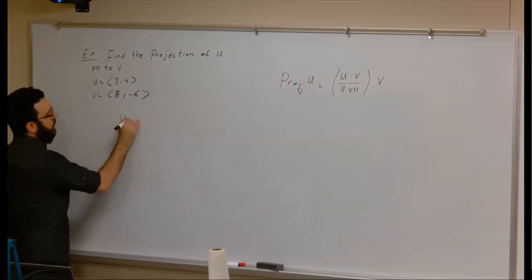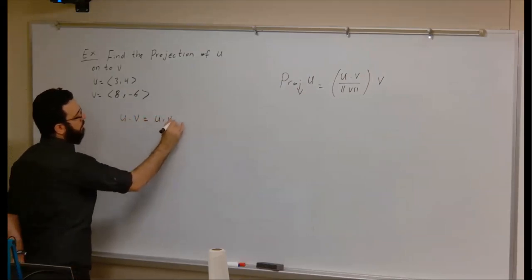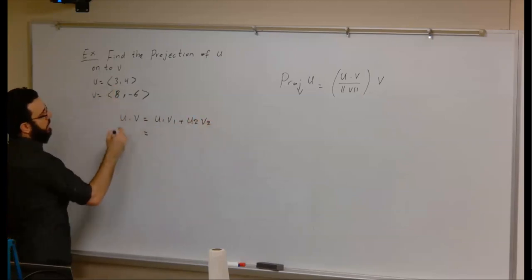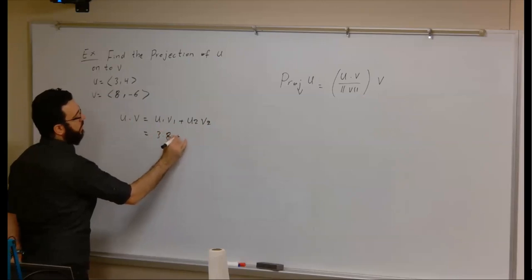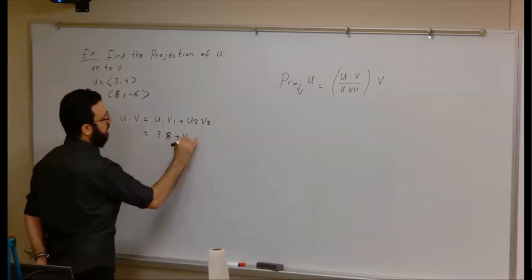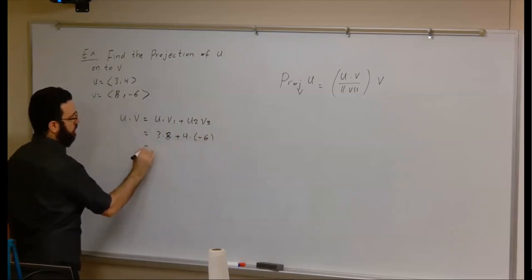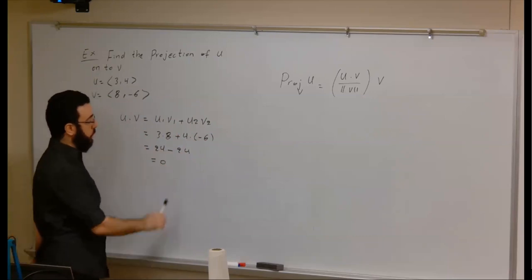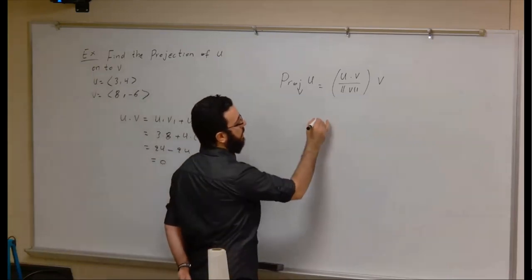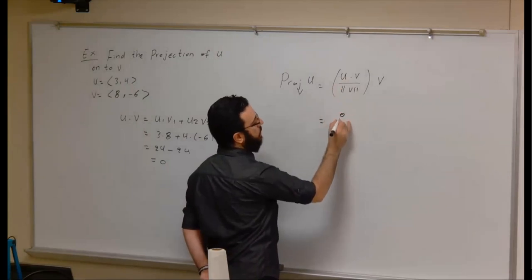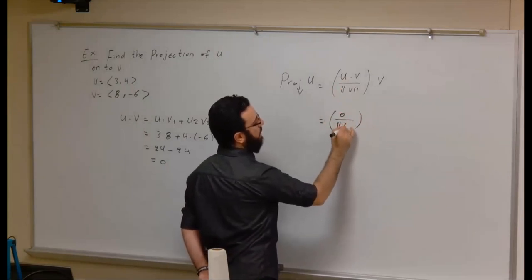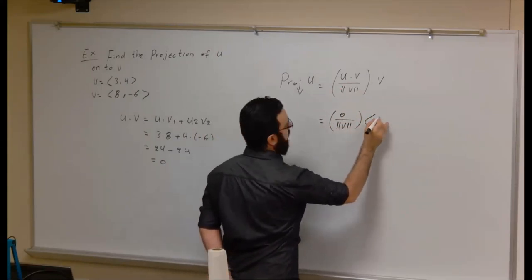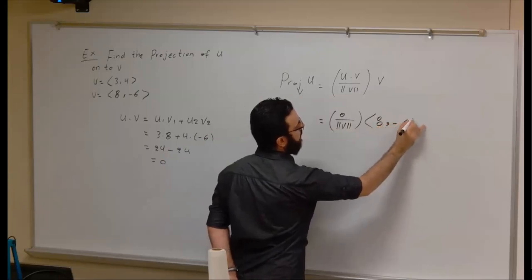That means U1 V1 plus U2 V2: 8 times 8 plus 4 times -6. So it's going to be 24 minus 24, which equals 0. So the dot product equals 0, divided by any number, times the vector V. The vector V is (8, -6).